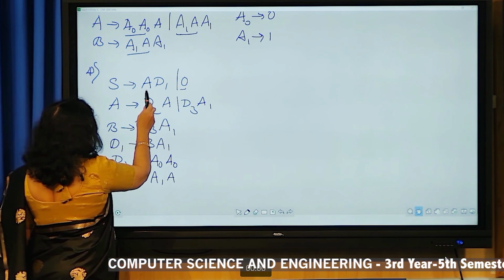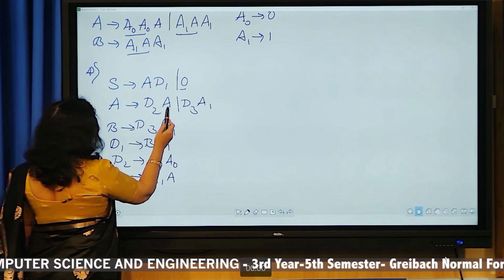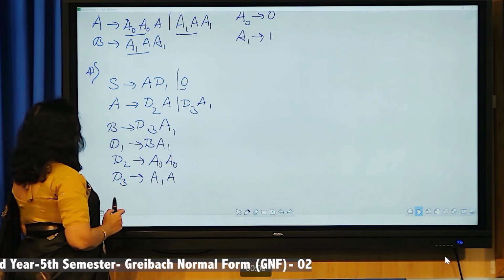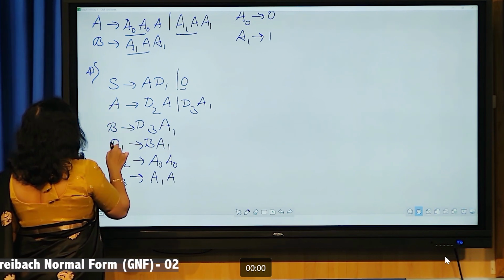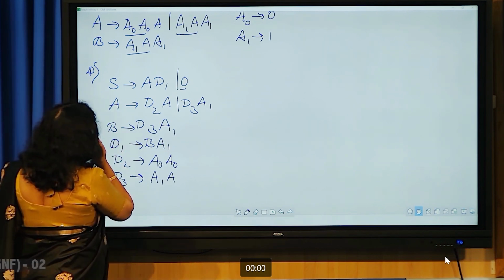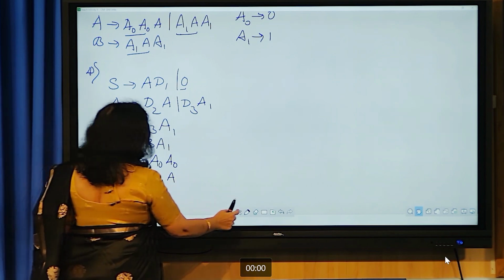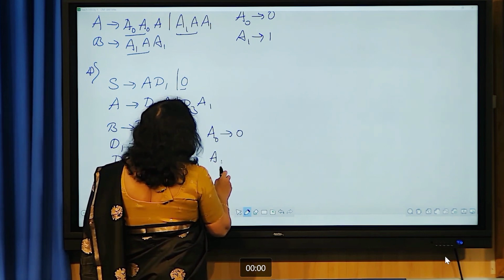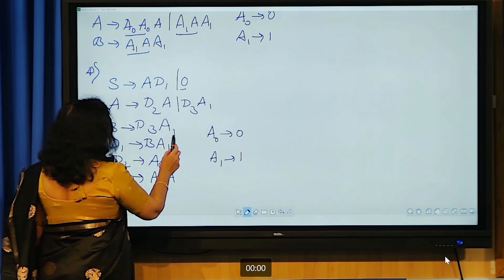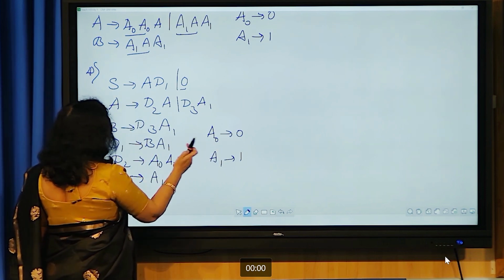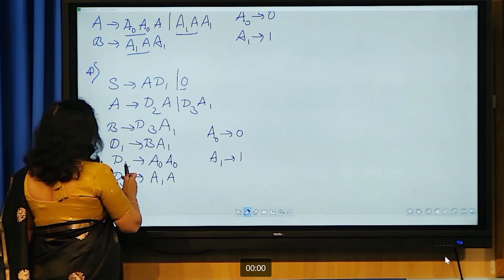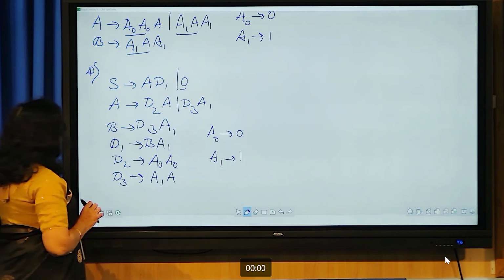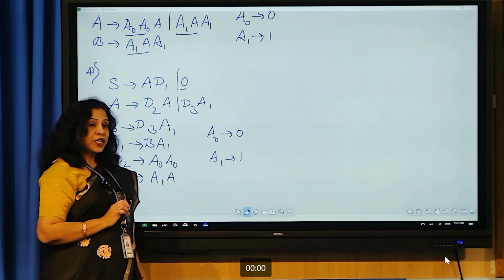S produces two variables, or a terminal, and every other production has two variables. So here we have S, A, B, D1, D2, D3, and I had A0, A1 also. So let me write A0 produces 0, A1 produces 1. Now we will have to rename the variables as A1, A2, A3, and so on.